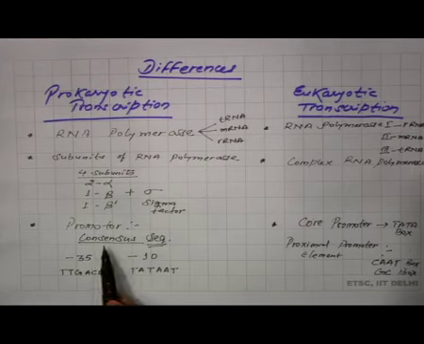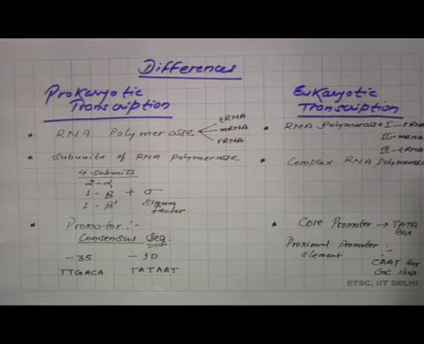So, the promoter has different consensus sequences in prokaryotes as well as in eukaryotes.